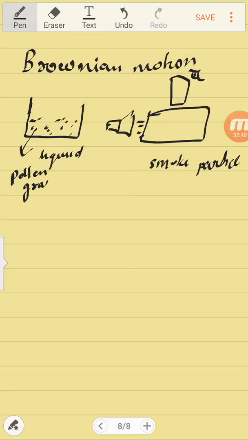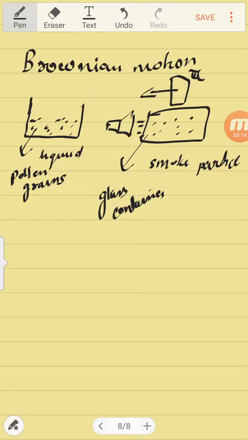He saw these pollen grains were moving. Then he poured some smoke particles in air, I mean a glass container. He saw why these smokes were moving, and how they were moving, with the help of a microscope.